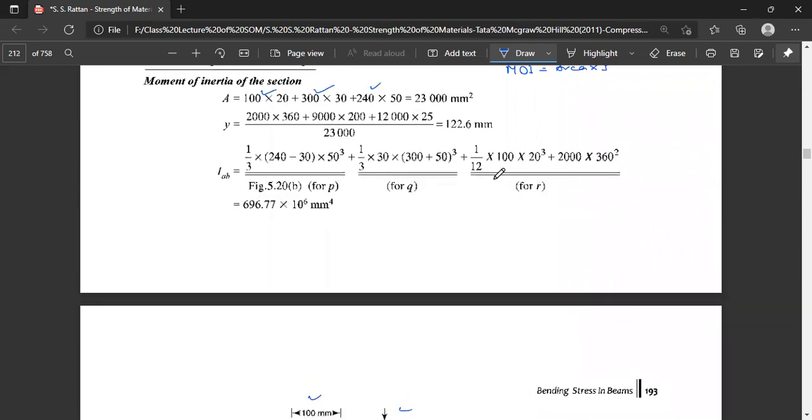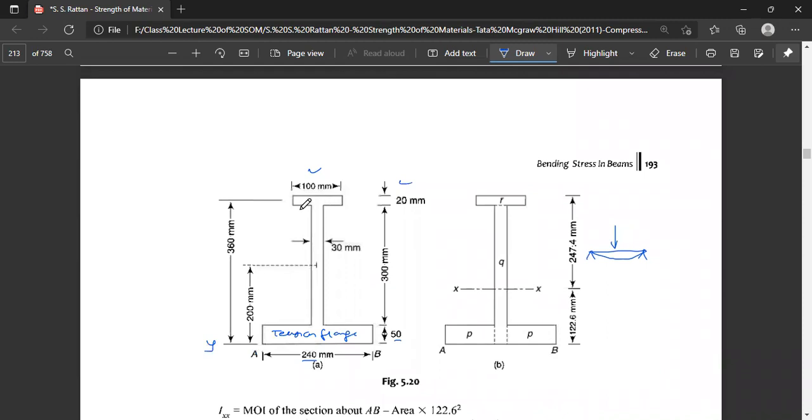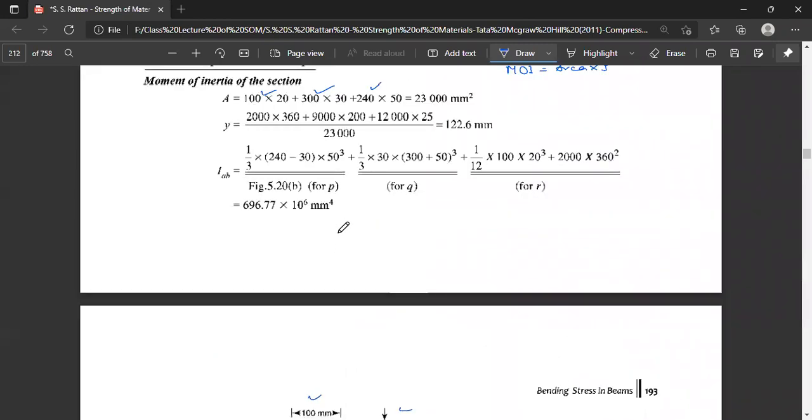So the distance of this particular area itself: area multiplied by the distance from AB, that is the square of the triangle. So we have to take this rectangle, as well as its distance from the rectangle itself. We are doing the same because we have to take in the full rectangle here, and here we are taking both these two rectangles, and here we are taking the distance of this rectangle.